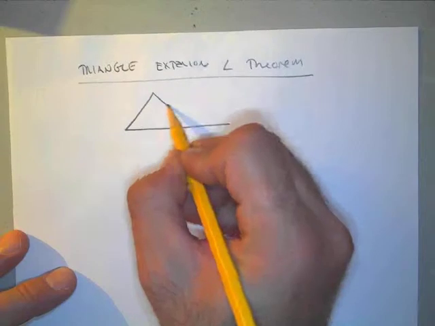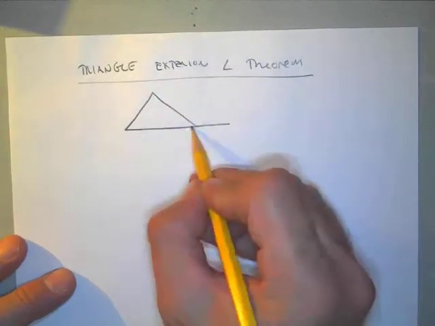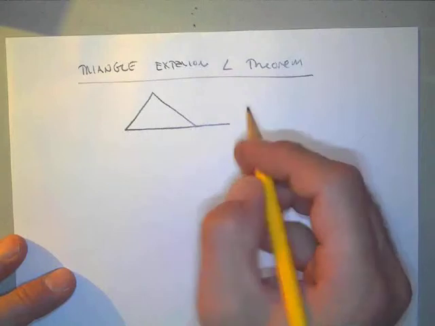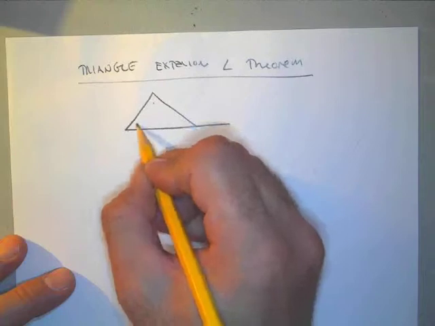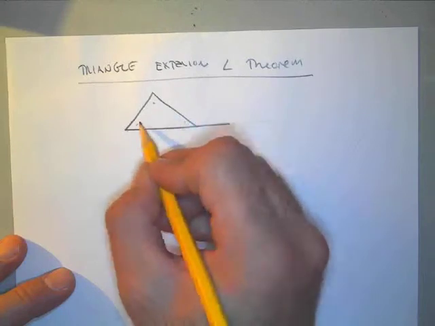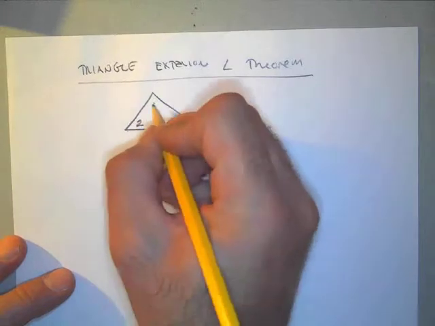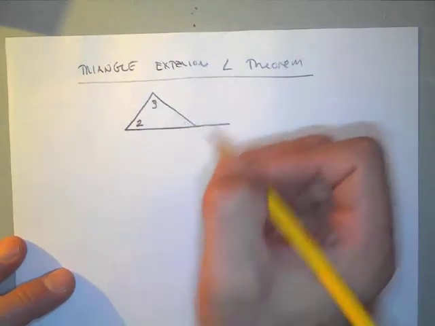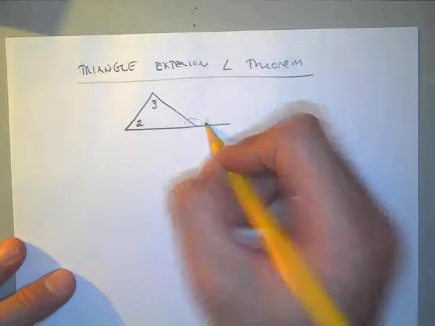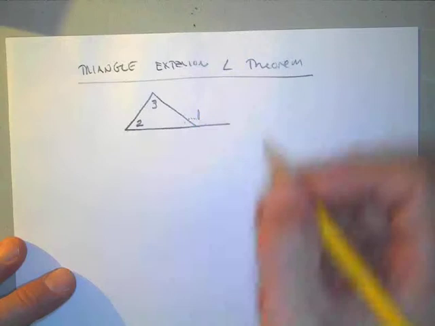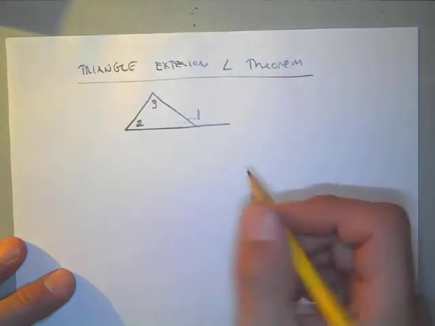Let's say we have a triangle where one of the sides extends outwards. Well, this area is inside the triangle, and so these are called interior angles. And I'm going to label this 2 and 3. This angle right here is outside the triangle, so that is called an exterior angle.